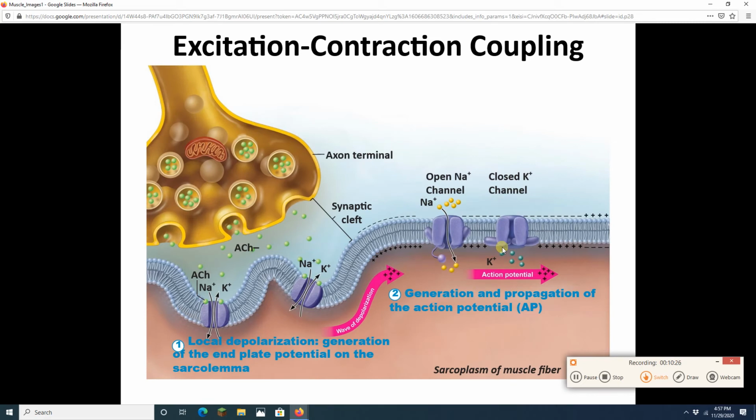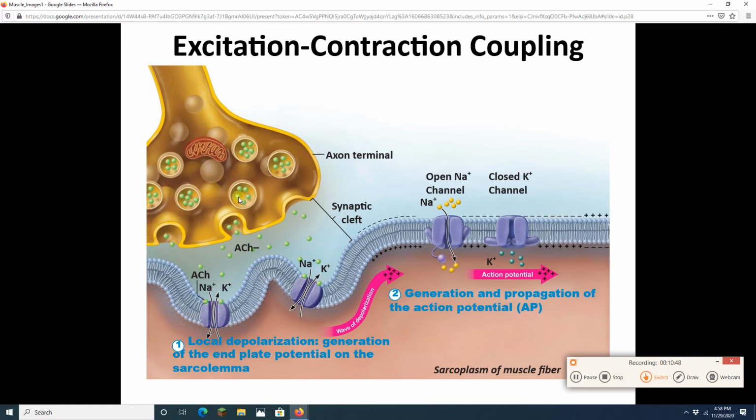And here we go. When an action potential gets to the axon terminal of a motor neuron, that action potential is going to cause calcium to rush in to the axon terminal. It's going to cause these vesicles to undergo exocytosis.